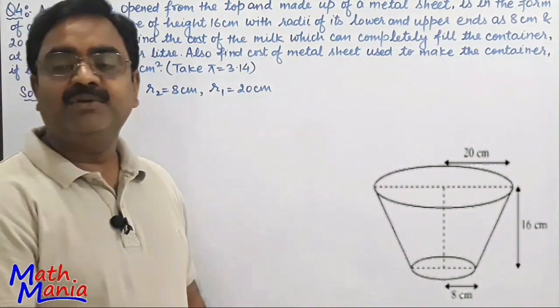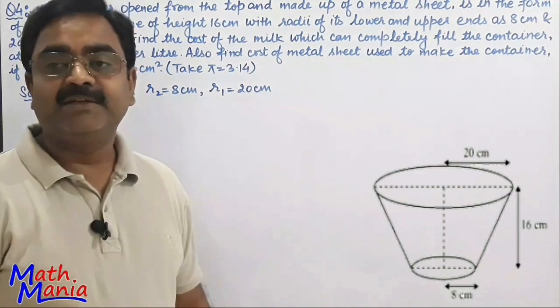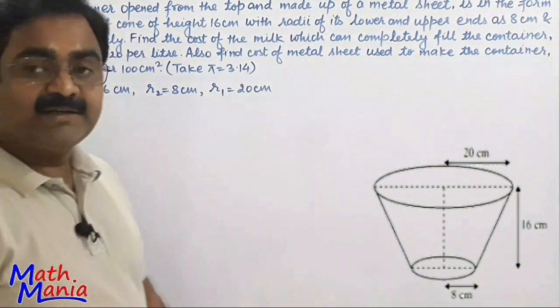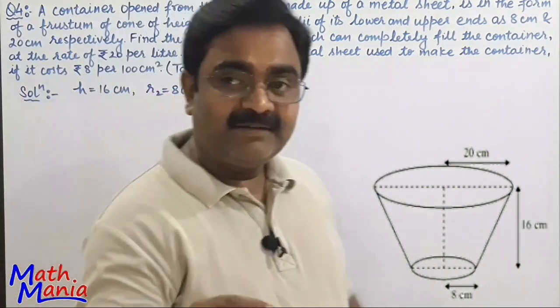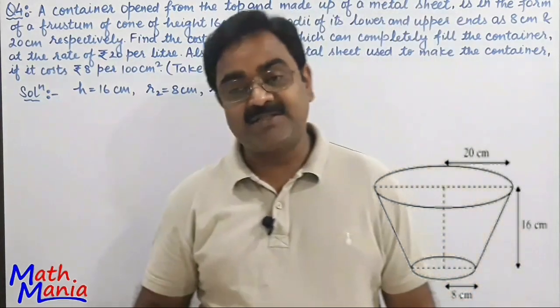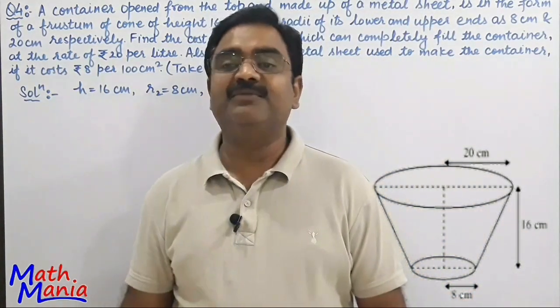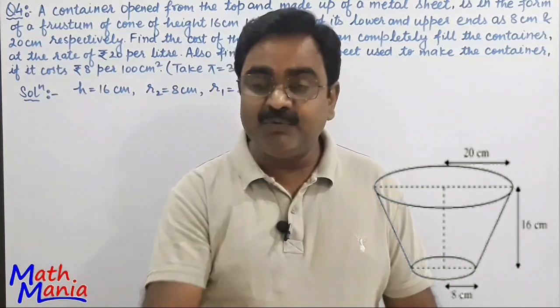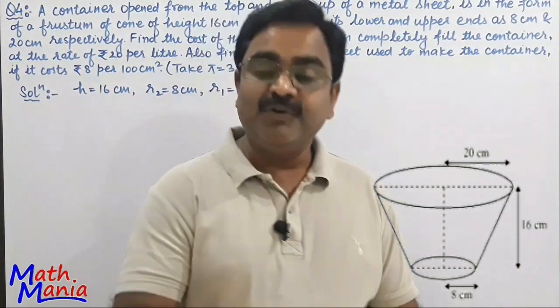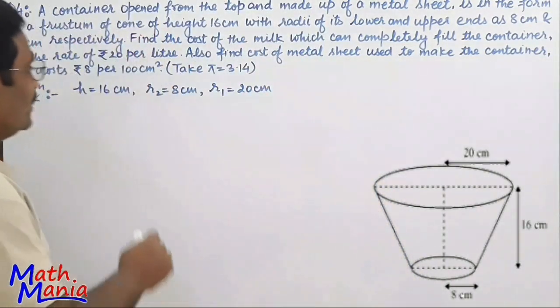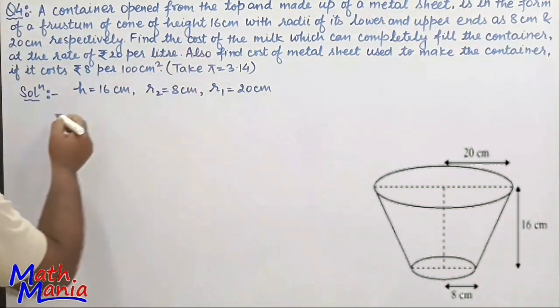So let us find the volume of this container with the formula. As you know, the formula we discussed in the previous lecture is important to learn. So what is the volume of a frustum of a cone?